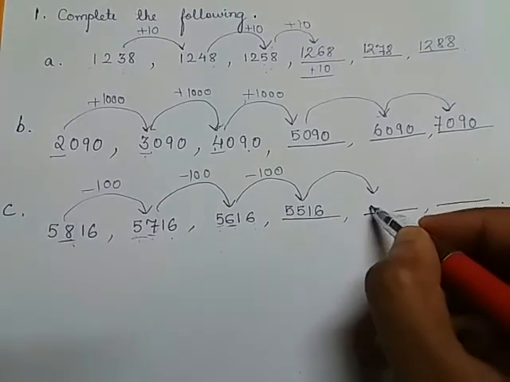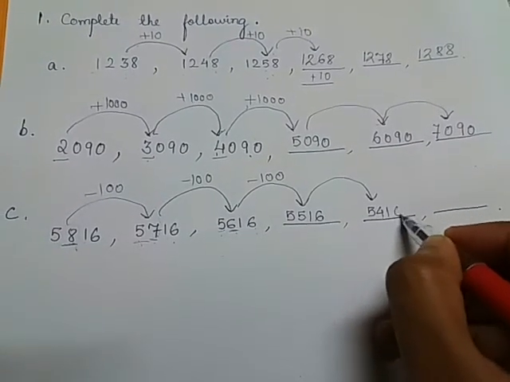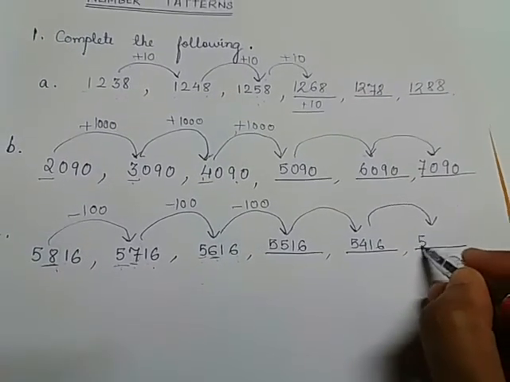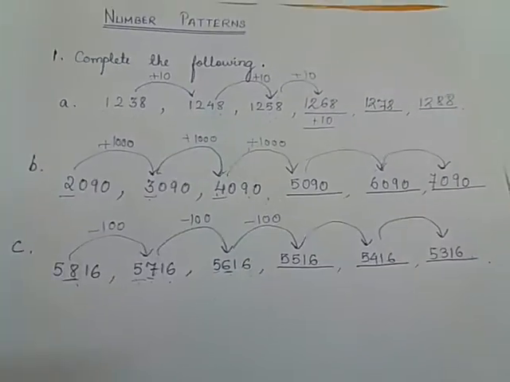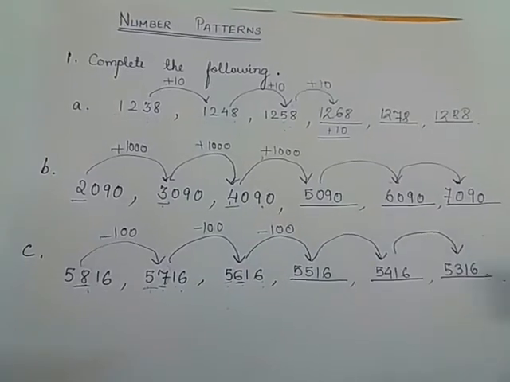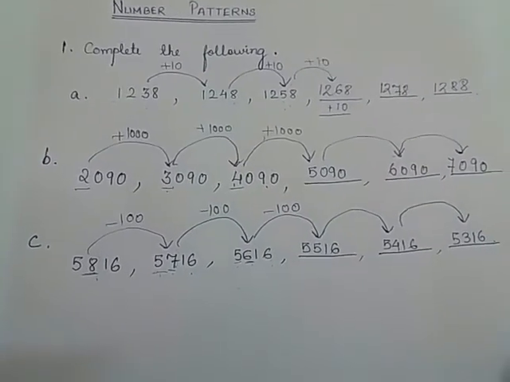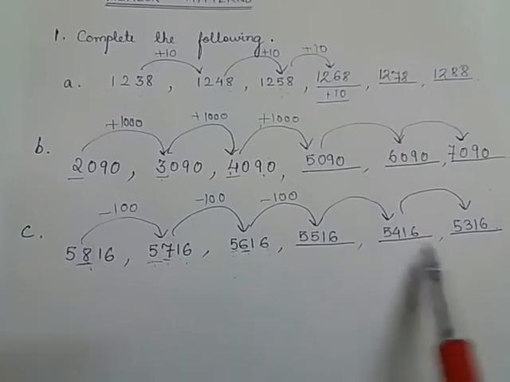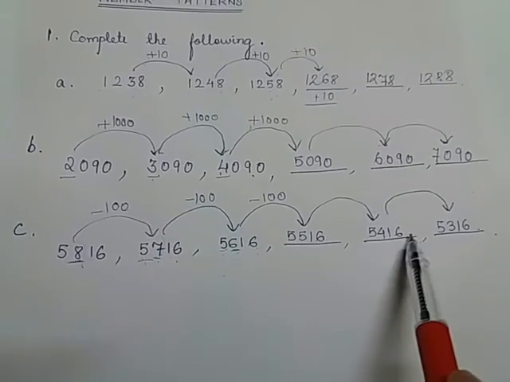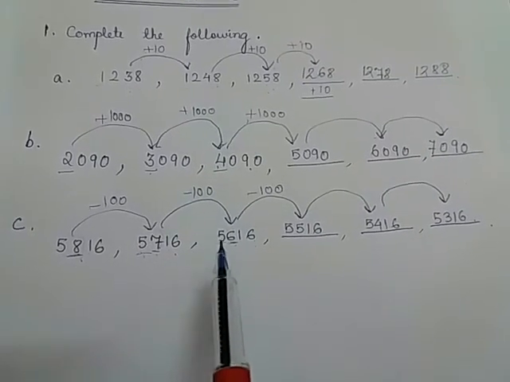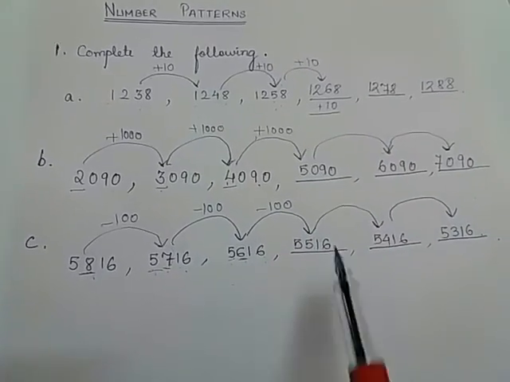Like that, again 5416, and again if we subtract, we will get 5316. So from here we can say that a number pattern is a pattern or sequence in a series of numbers. This pattern generally establishes a common relationship between all numbers.